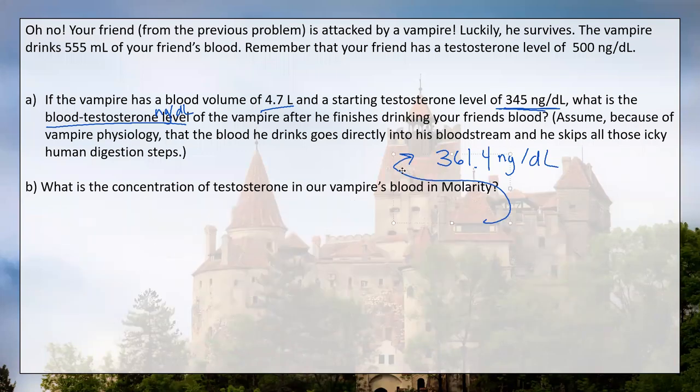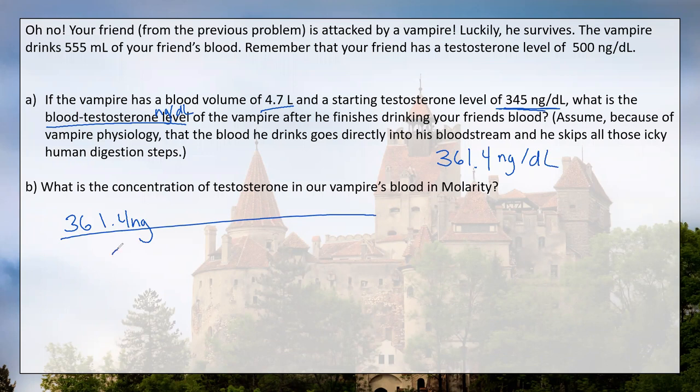And then we can figure out what the molarity is. We just do the same thing we did before. So we've now figured that out. We have 361.4 nanograms per deciliter, 10 deciliters per 1 liter. And our big conversion factor for nanograms, 1 times 10 to the 9th nanograms per 1 gram. We're all in testosterone.